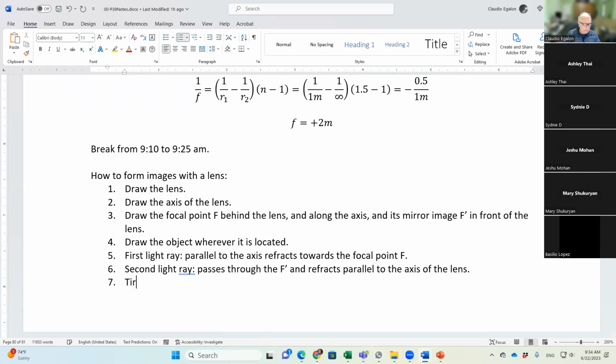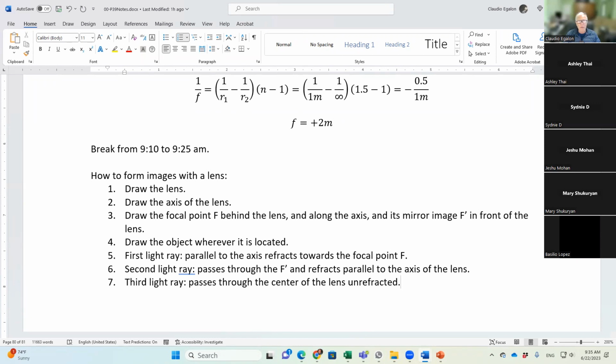Oh, let's say third light ray, right? You don't need a third light ray, but if you just want to make sure that you're doing everything right, third light ray passes through the center of the lens unrefracted.